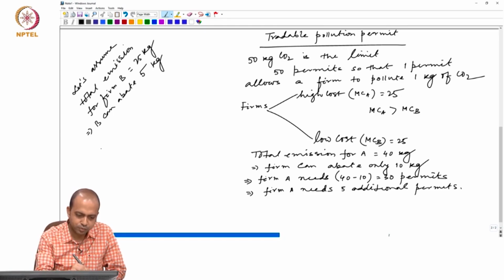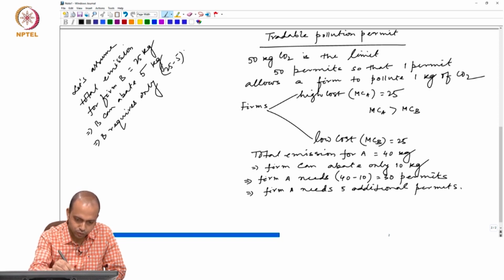So, that means firm B requires only 25 minus 5 equals 20 permits.